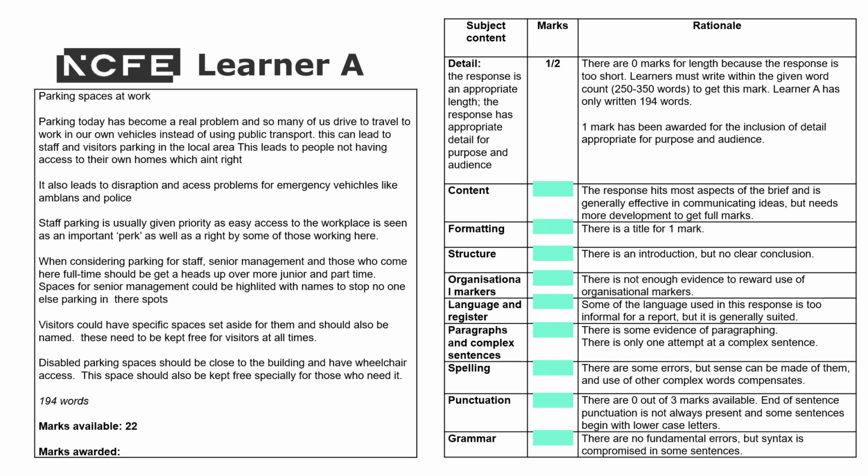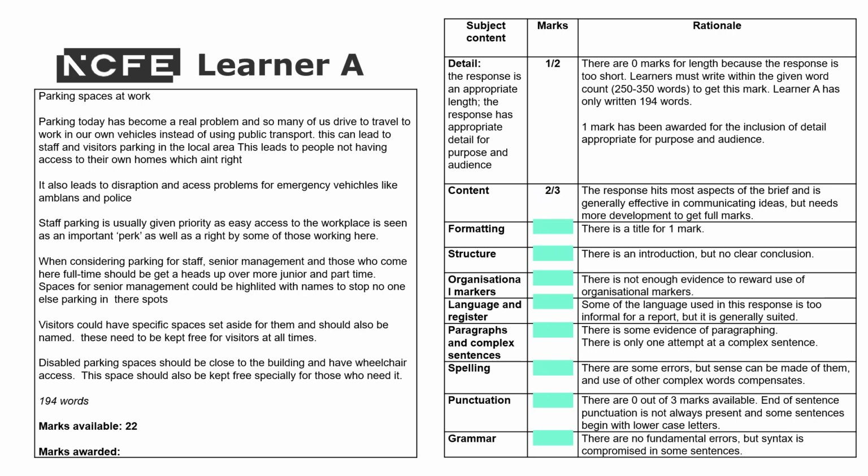So for the detail, the learner scored 1 out of 2 marks. There are no marks for length because the response is too short, and the learners must write within the given word count of 250 to 350 words to get this mark. Learner A has only written 194 words. However, 1 mark has been awarded for the inclusion of detail appropriate for purpose and audience.